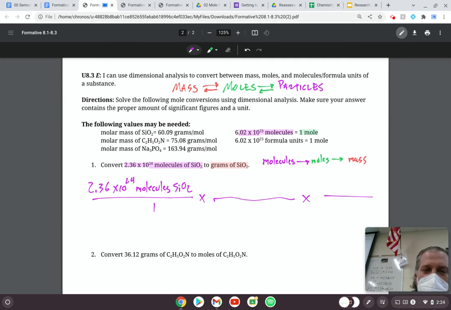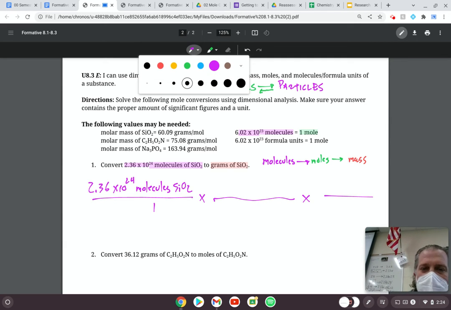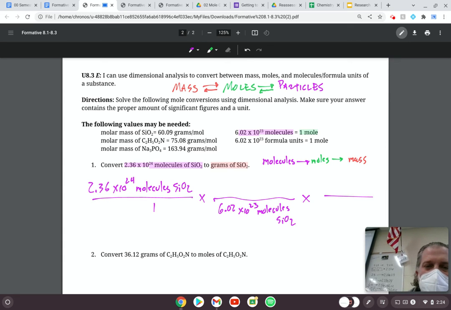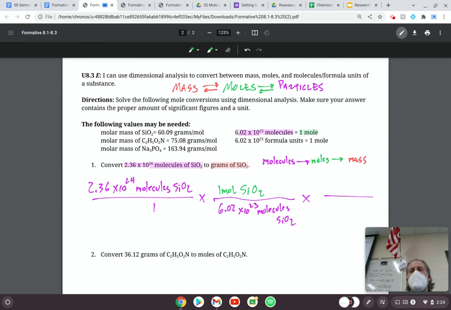So I'm going to try to cancel out molecules by putting 6.02 times 10 to the 23rd molecules of SiO2 on the bottom and 1 mole of SiO2 on the top.